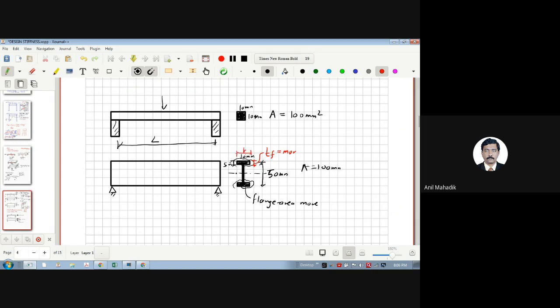So if you calculate the area, BF, this width of the flange, and tF, if you multiply, the area of the flange is always more. So AF is more, and this area of web is less. That means thickness of web is also less, because I want more mass away from the neutral axis. That means I want more mass in the flange section, and that's why these standard sections are developed, IS standard sections. Like I sections. Then we will again see.